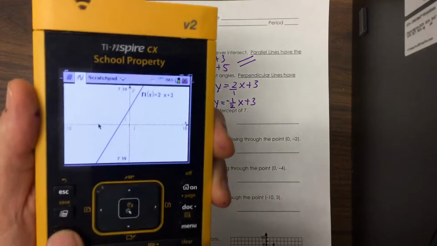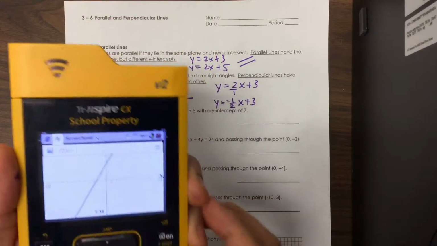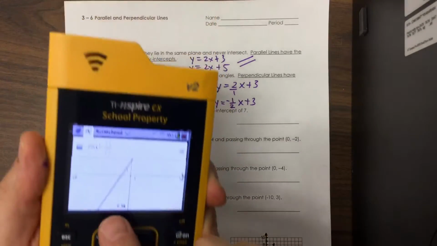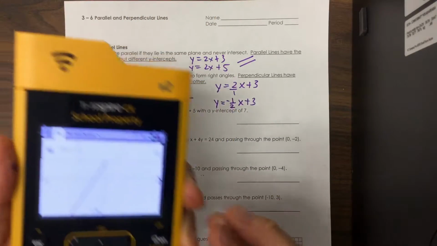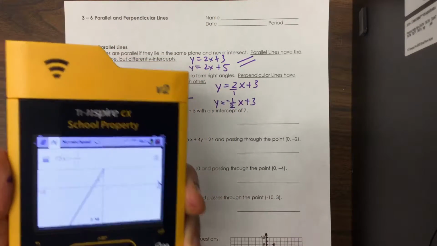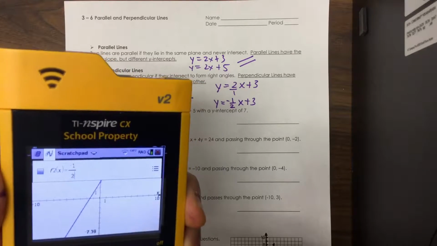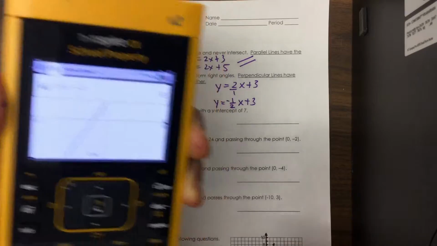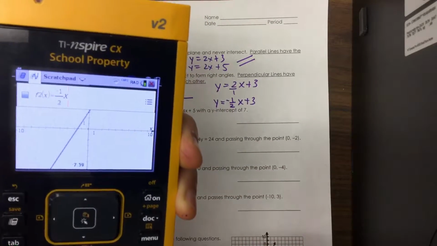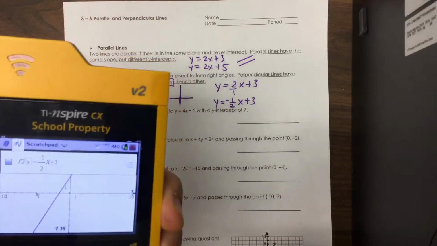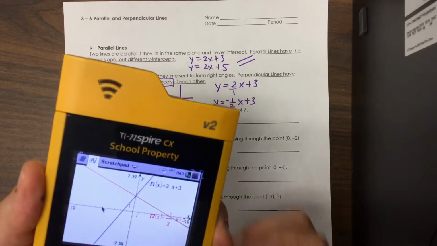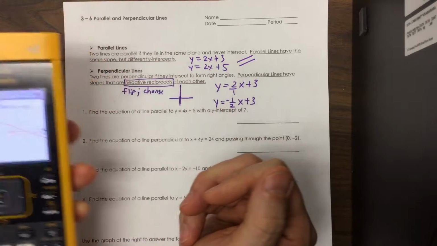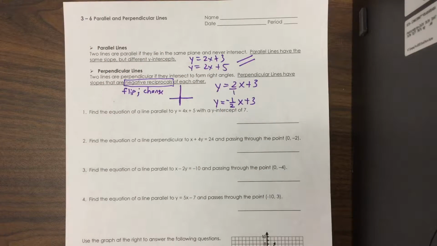I'm going to hit tab to put another equation in, and push Control Divide to pull up my little fraction template. I enter negative 1 on top, 2 on the bottom, then arrow out, put x, and plus 3 again. Those are negative reciprocals. When you turn it this way, those are right angles on all sides. So that's what happens there.